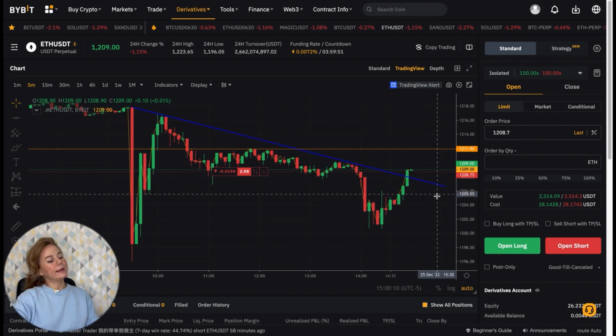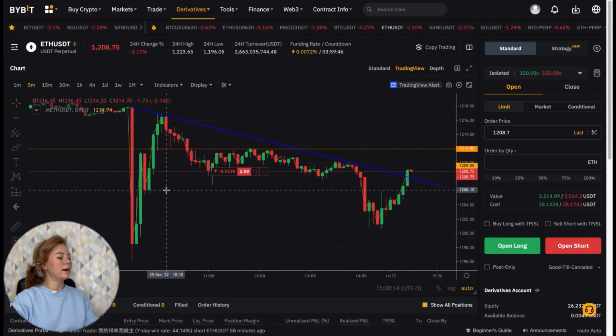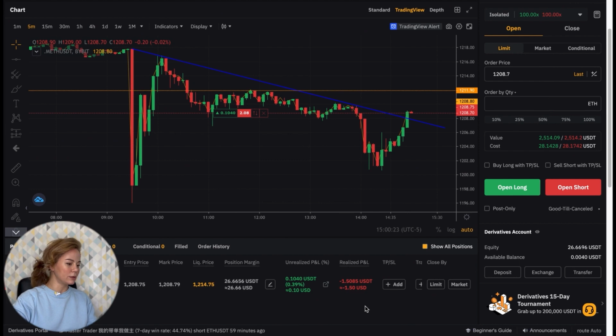Nice. All right, I guess we can align our take profit here with these lows, with those couple lows, and we shall put that around 12 or 06, something like that.